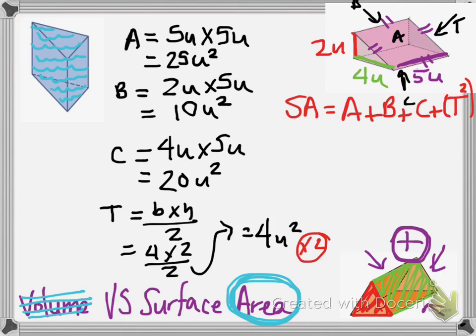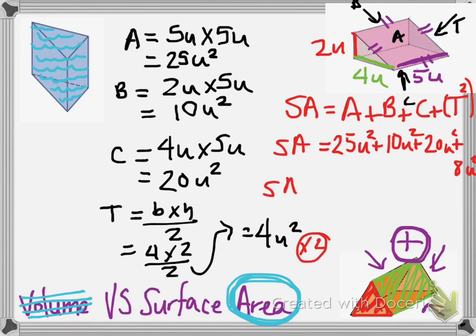So surface area is going to be 25 units plus 10 units plus 20 units plus triangle times 2 would give me 8 units, and all of those are squared.